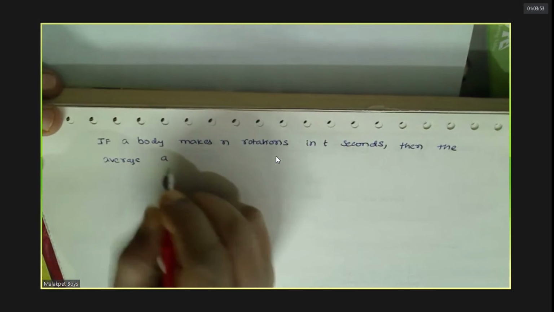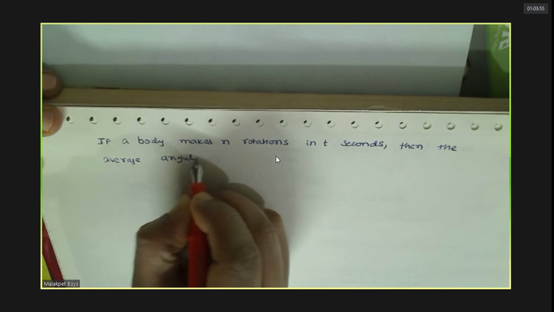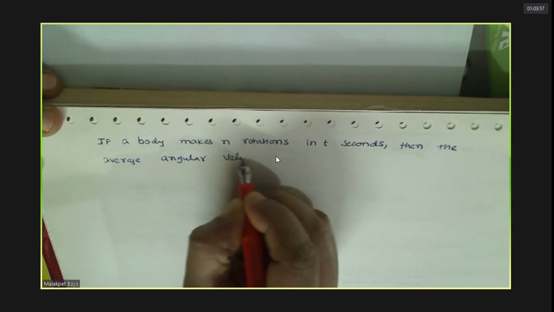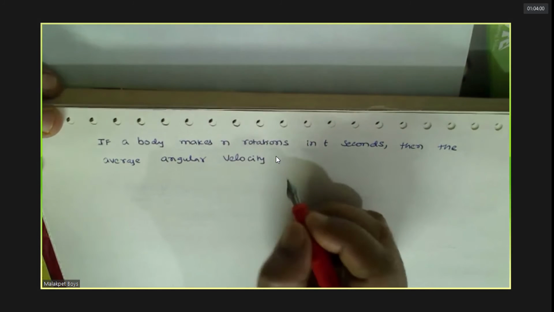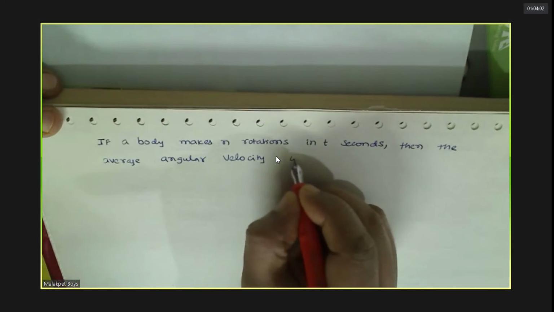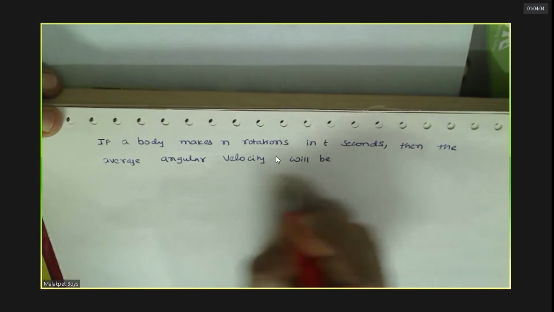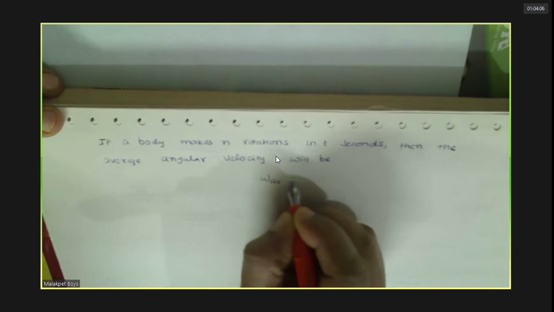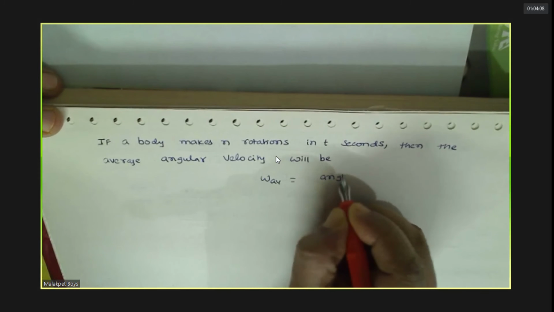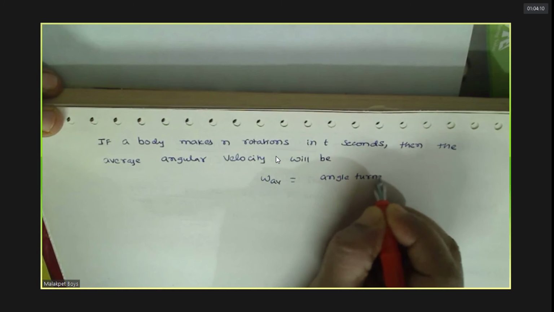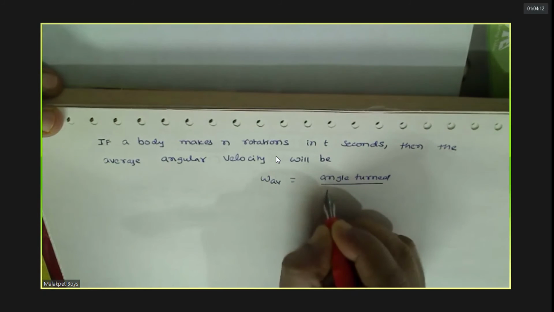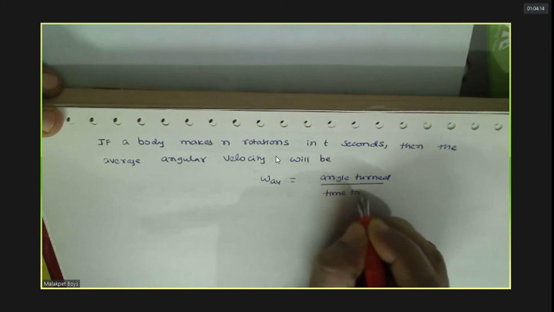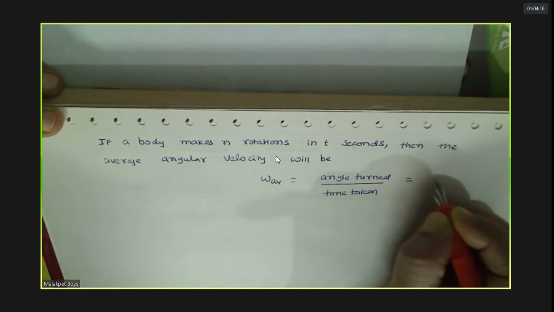angular velocity will be angle turned by time taken. See, n revolutions means what?